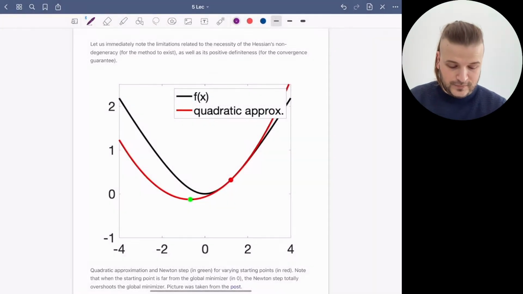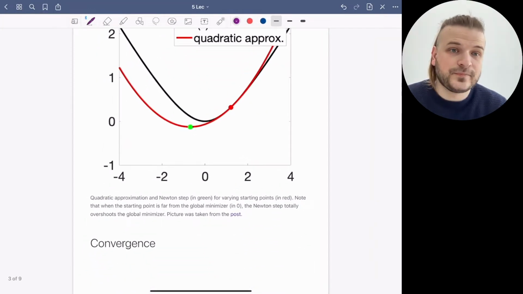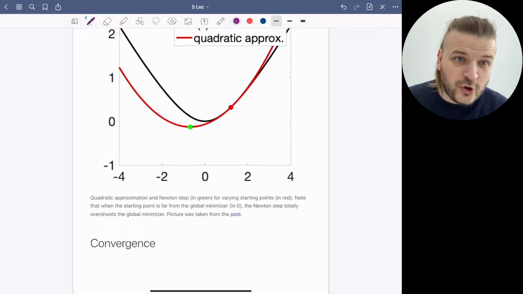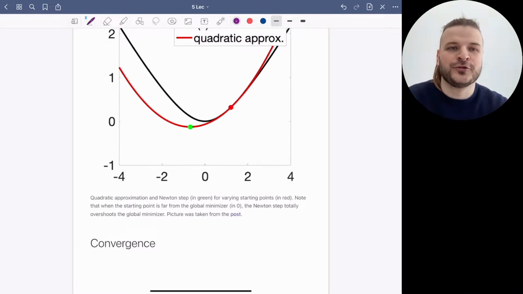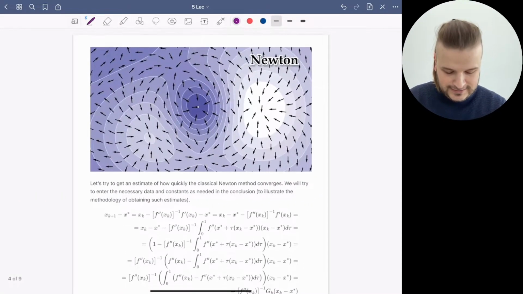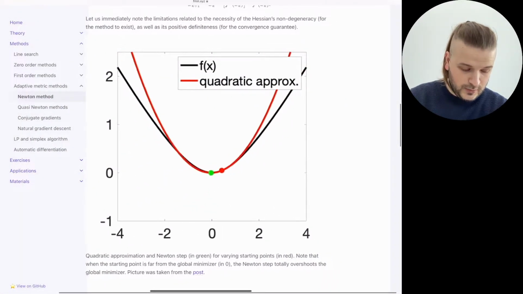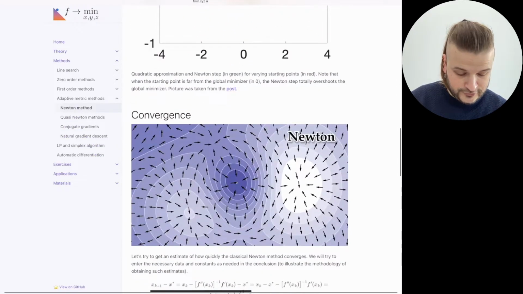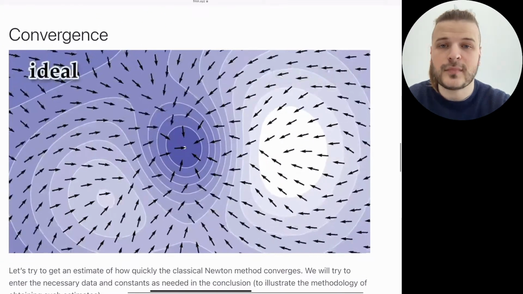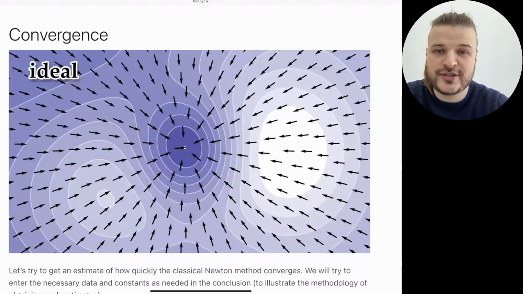Okay, we said some things about the problems of the Newton method, but for what reason would we apply this method if we have only problems here, right? So let's take a look at the convergence of the method itself. We also want to show you some more animations.